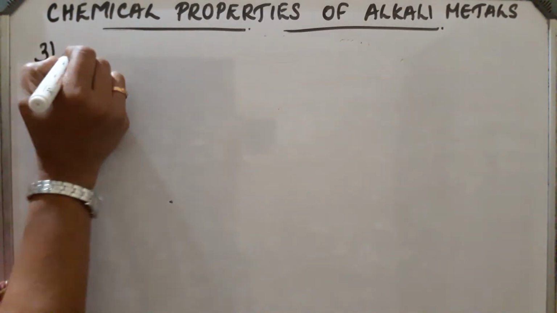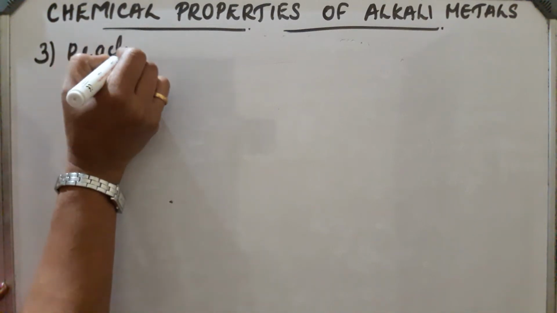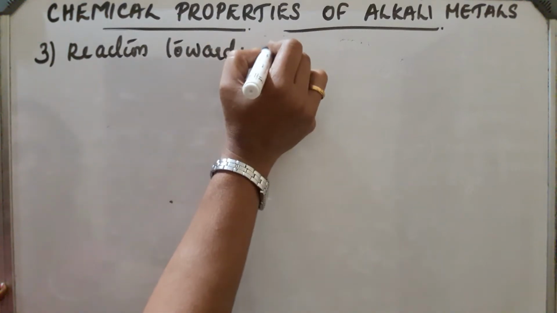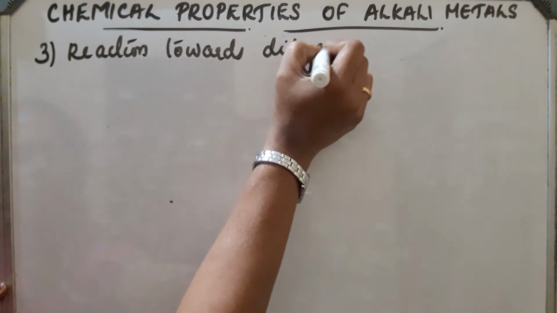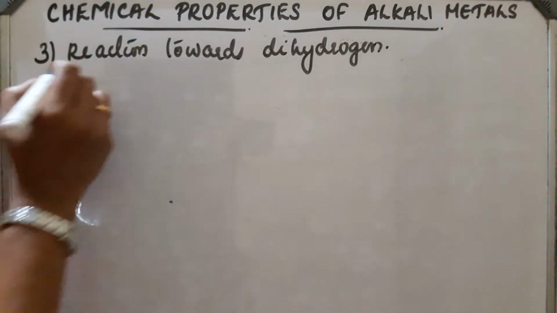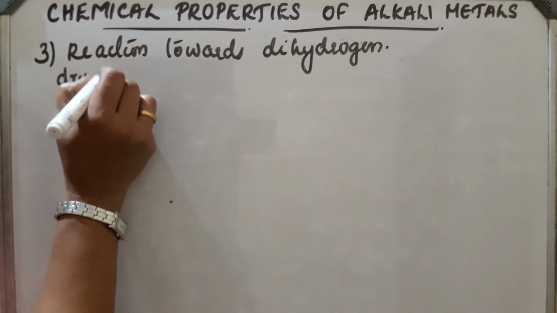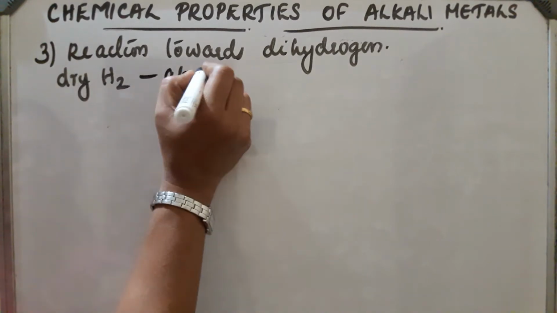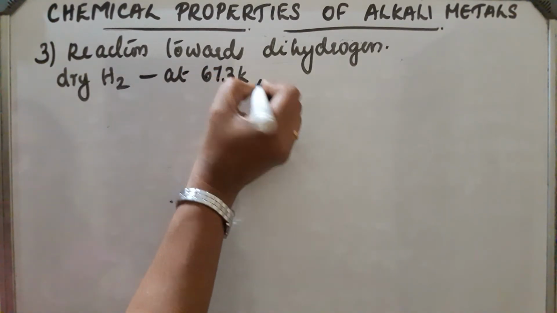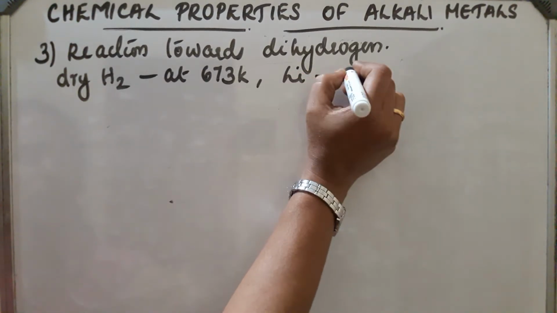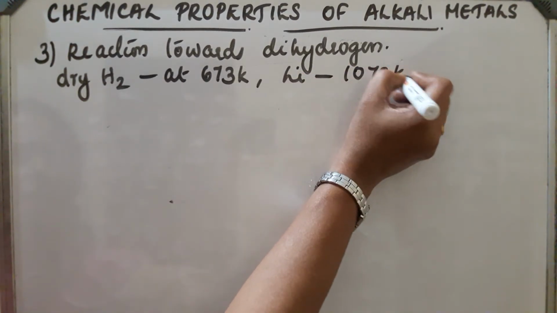Third reaction, with dihydrogen. Okay, reaction towards dihydrogen. Alkali metals react with dry H2, that is dry dihydrogen, and form hydrides, and the reaction takes place at 673 Kelvin. And in the case of lithium, hydrides are obtained at 1073 Kelvin.